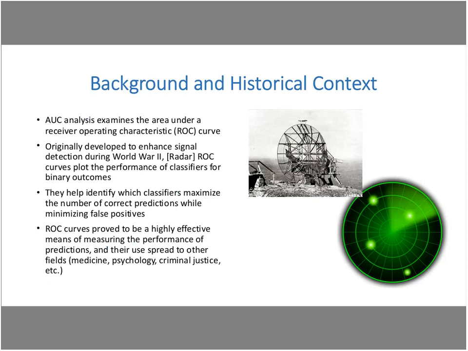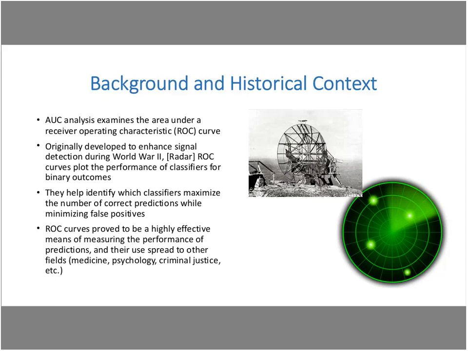But at the same time, they also wanted to minimize the number of false positives. You can imagine you don't want to miss any attacks, but you also don't want to be scrambling the jets every time there's a flock of birds or an especially ominous cloud. So they want to minimize those false positives and maximize those true positives.